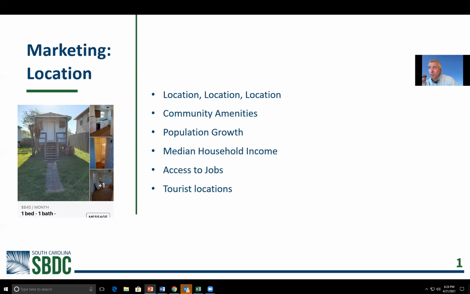The market and the demographics of Orangeburg: it's a blue collar town, and you have a high percentage of renters who live paycheck to paycheck. And there's probably a good amount of turnover in rentals in the Orangeburg market.